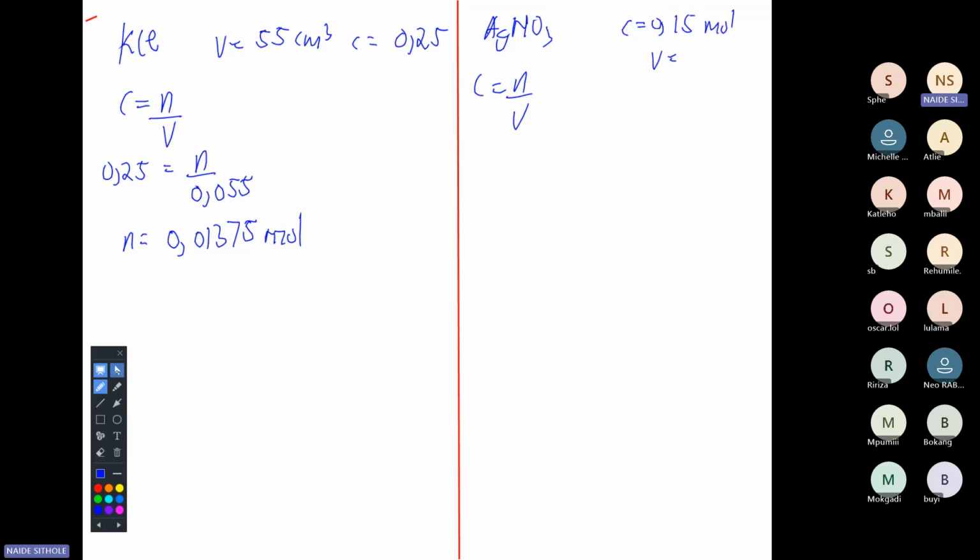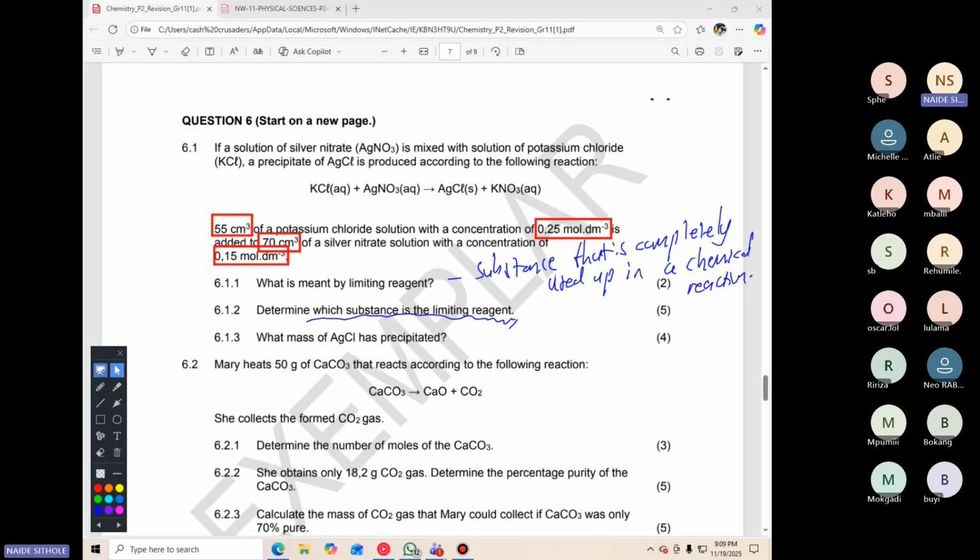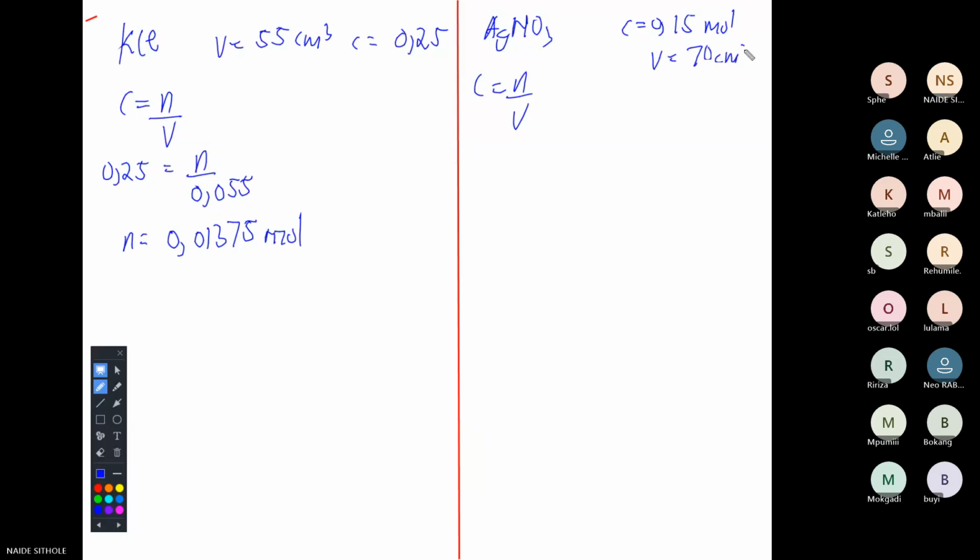Our volume is 70 cm³. So 0.15, and volume 70 divided by 1,000, which is 0.07. Cross multiply here, 0.15 times 0.07, which gives 0.0105 mole.